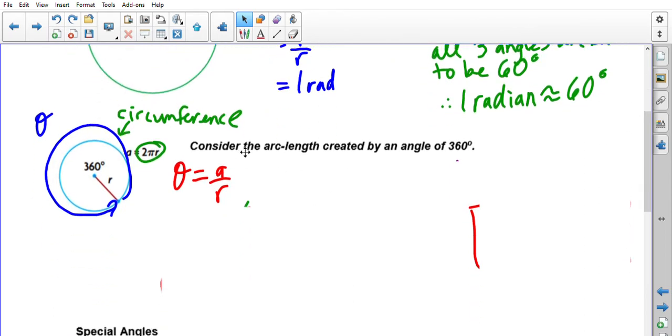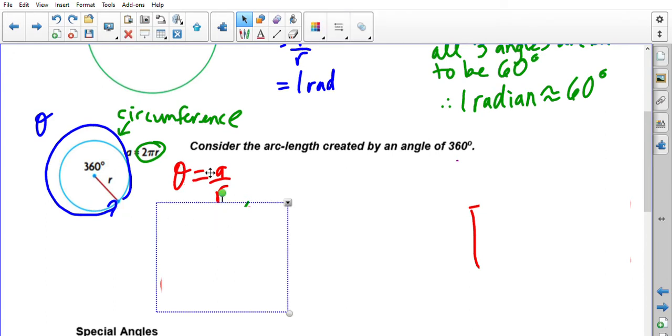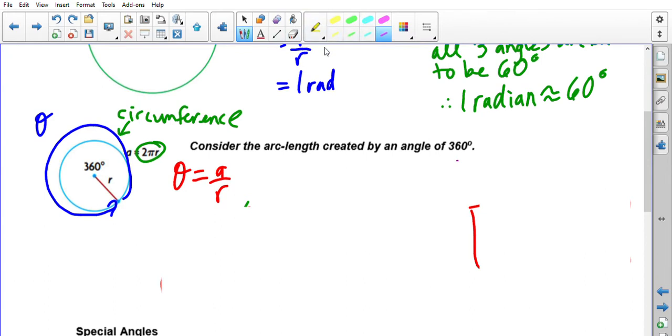Let's consider the arc length created by an angle of 360. Now we're taking that radius and rotating it all the way around, overlapping itself. That means we've traveled the whole circle. So if I do theta equals A over R, having traveled around the whole outside of the circle is the same thing as saying you have traveled the entire circumference.